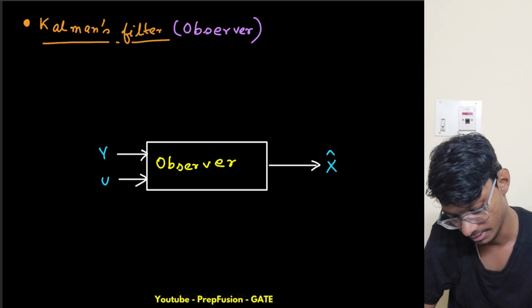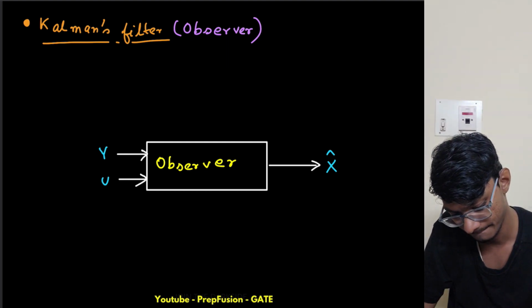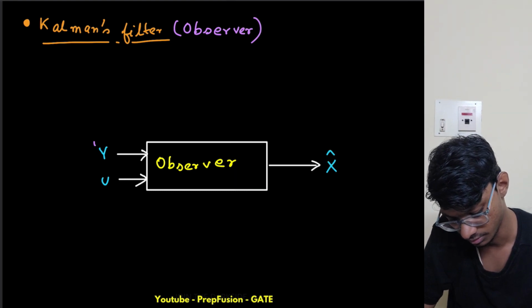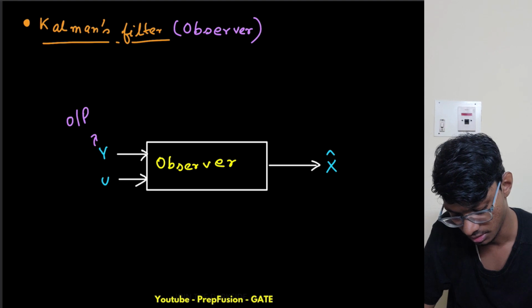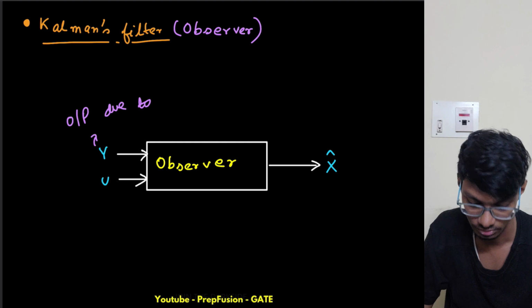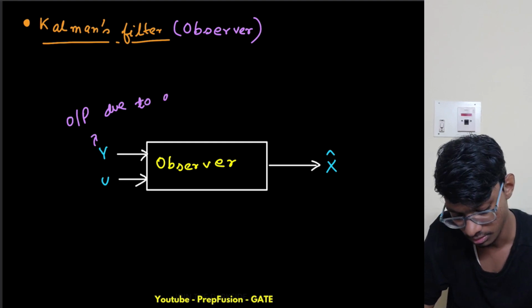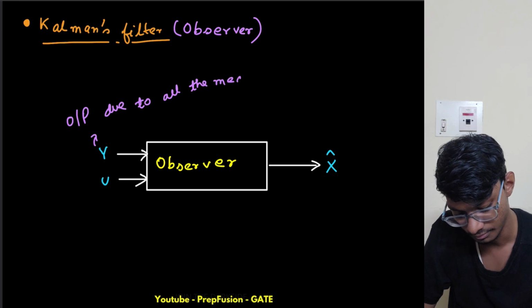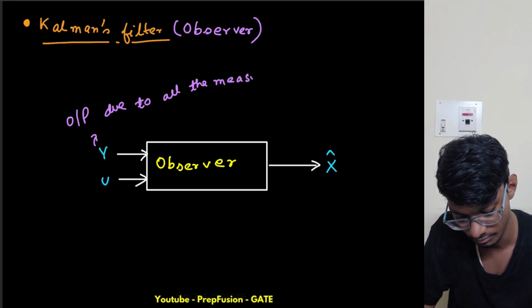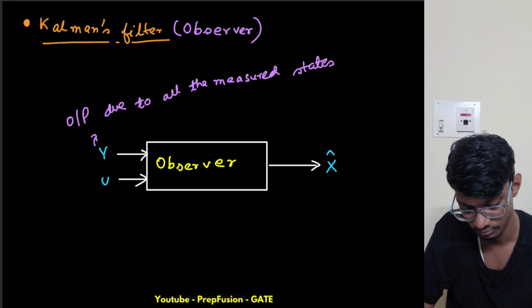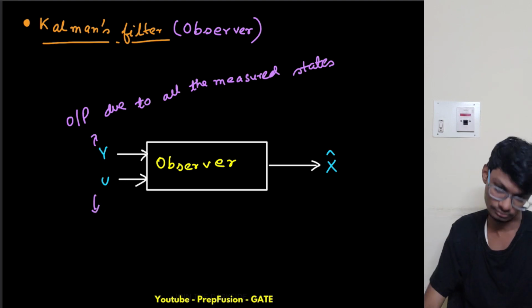Let me use a different color. This one is good. This is the output due to all the measured states basically. And what is this?